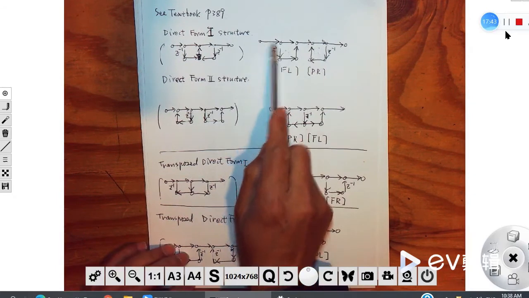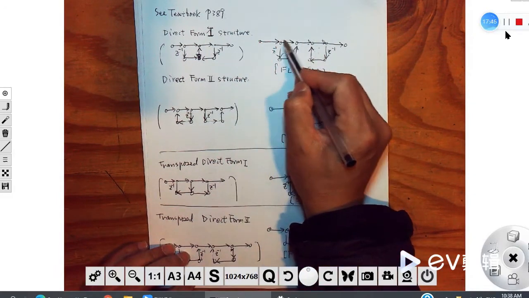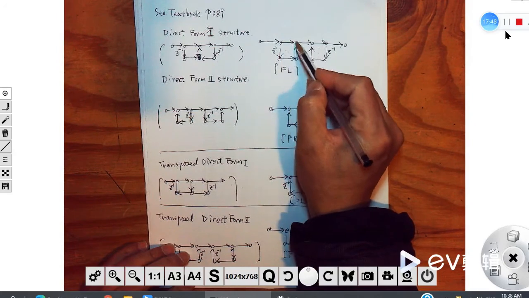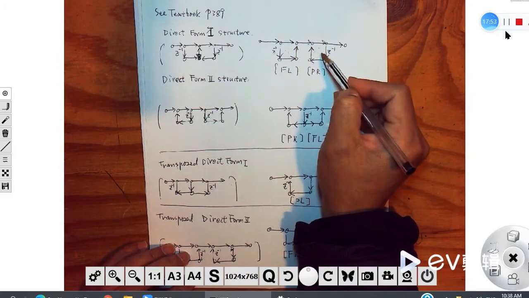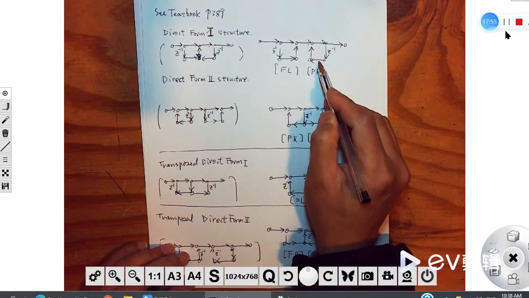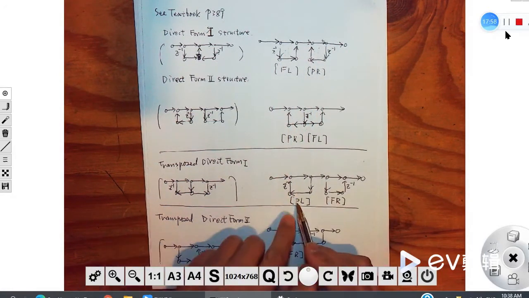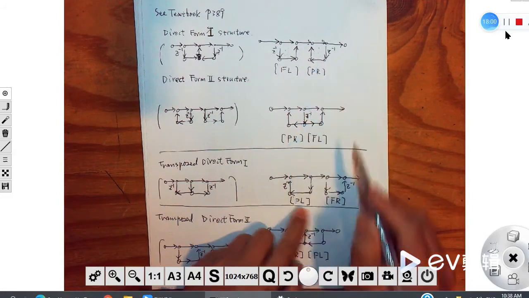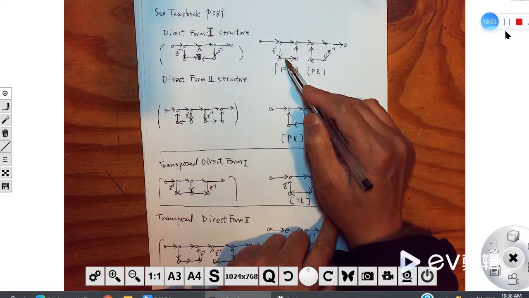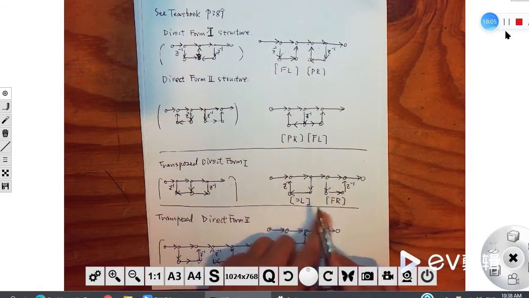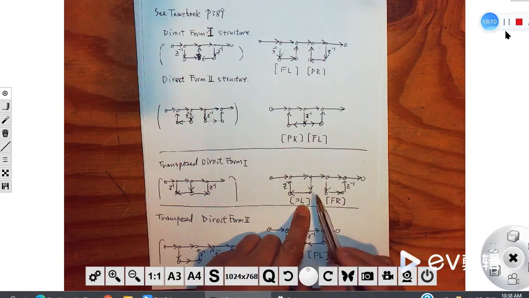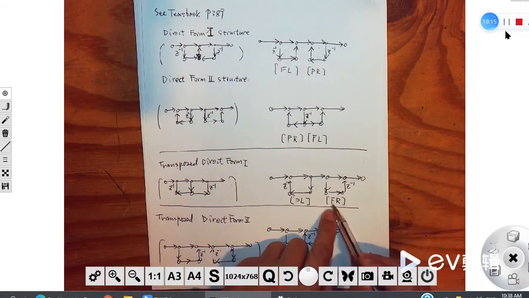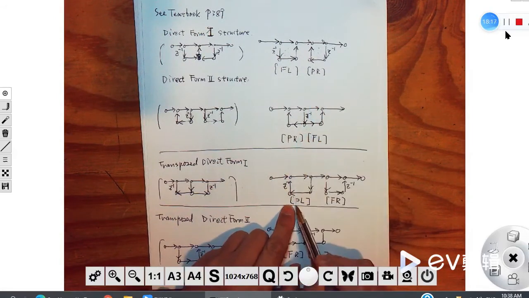When you perform, the signal goes to the left side first, and second part, then follows to the forward. So this is first, this is second, this is first, second. Now P is first, this is P in the second, this is F in the second, this is F in the first, right? So you reverse the F and the P, and also you reverse the location of Z, right? This is FL, now it's FR. This is PR, this is PL, right?